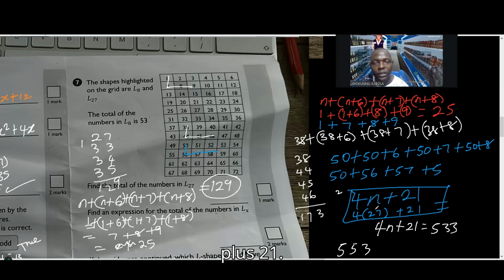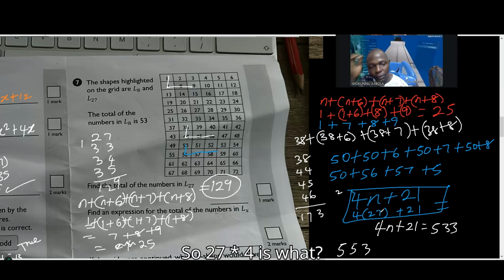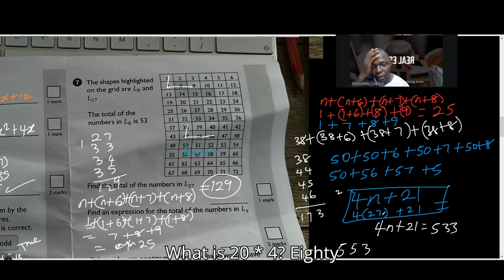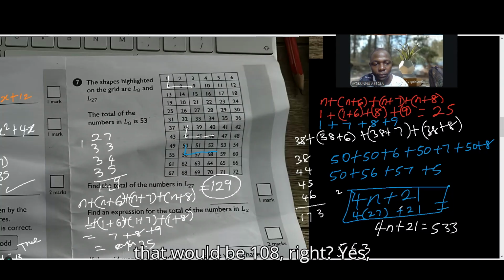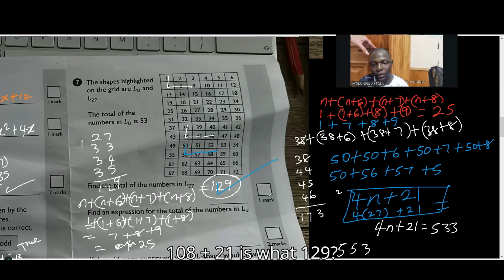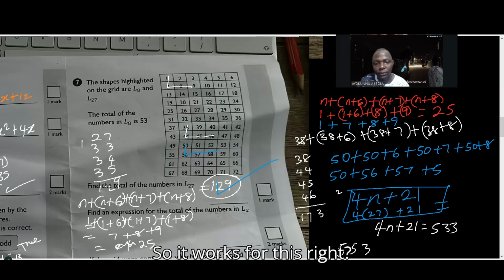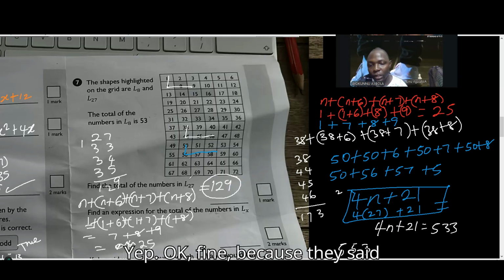So 27 times 4 is what? 20 times 4 is 80. 7 times 4 is 28. That'll be 108, right? 108 plus 21 is 129. So it works for this, right? Okay, fine, because they said L27.